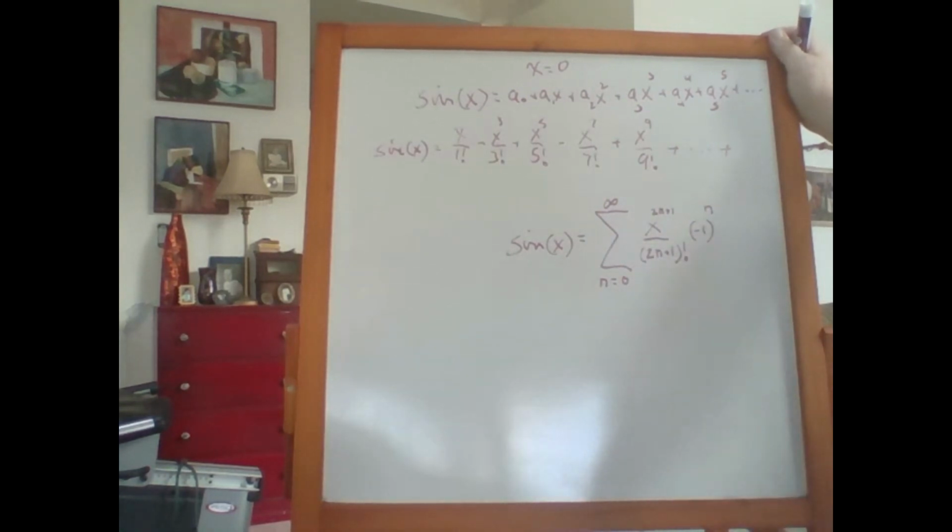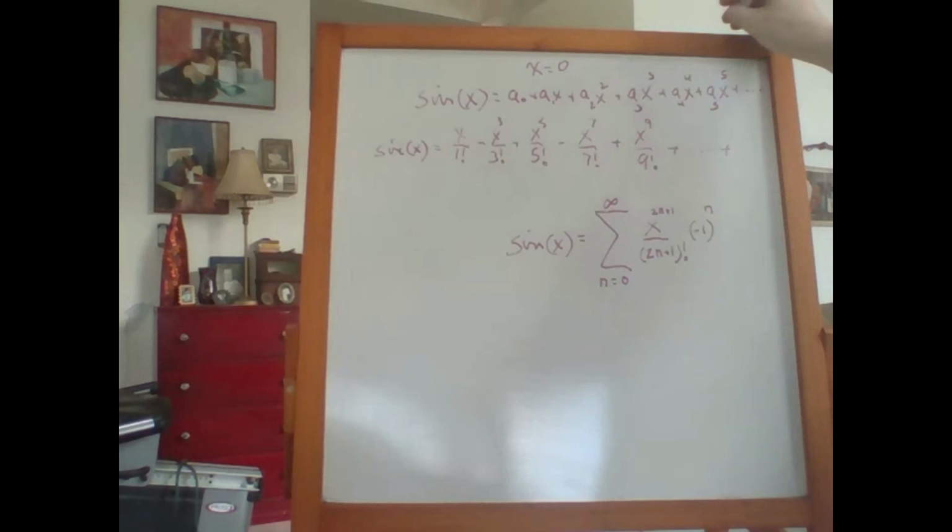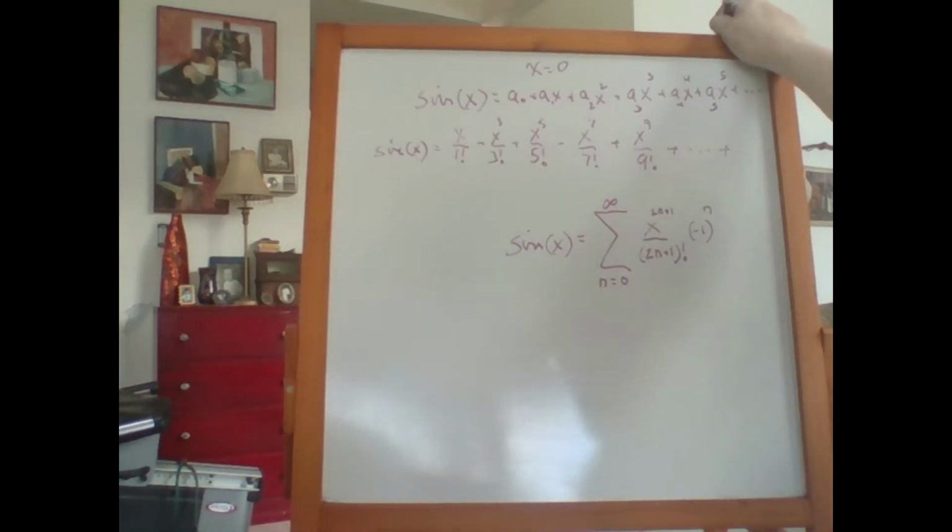I just think this is beautiful. I honestly do. I just think how beautiful that is. It's really neat stuff, and it gives you an ability to make approximations. For example, I have a video that I put on, and now you're going to be able to follow that video. It was the proof of the Euler identity.